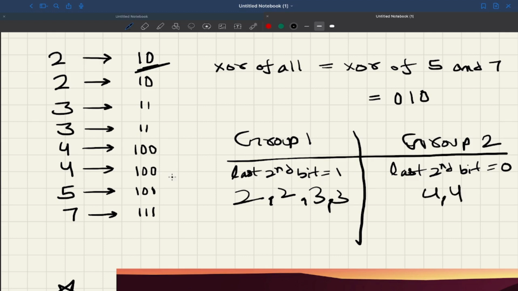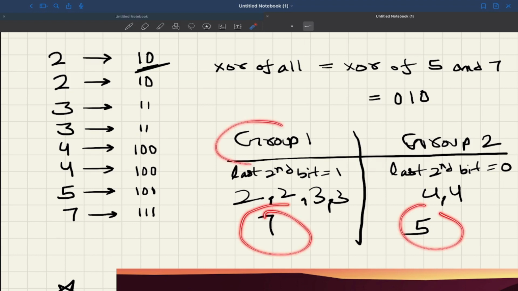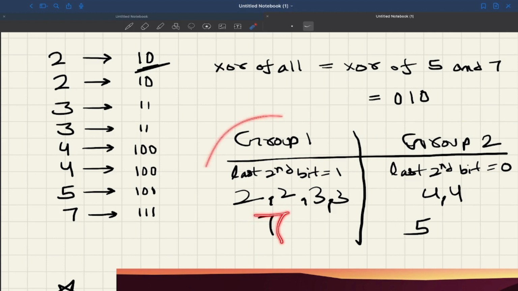Both 4 will end up here. The last second bit of 5 is equal to 0, so 5 will end up here. And the last second bit of 7 is set to 1, so it will end up in group 1. So you can see that I have separated 7 and 5 into two different groups. Value 7 is in an entirely different group, and value 5 is in an entirely different group.